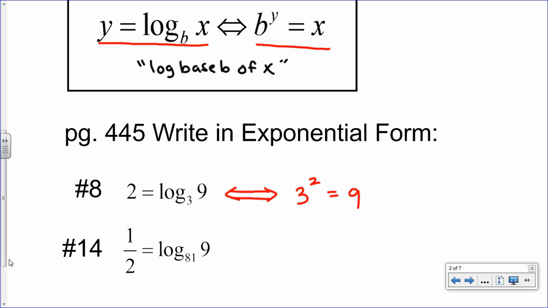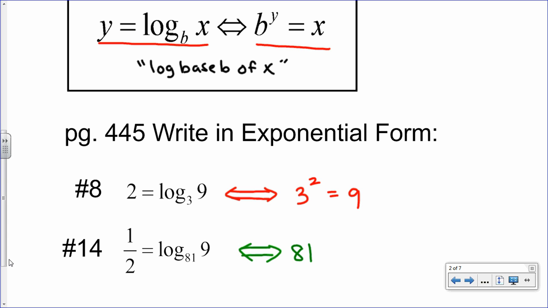Okay, let's look at the next one. What's the base of my log? 81.